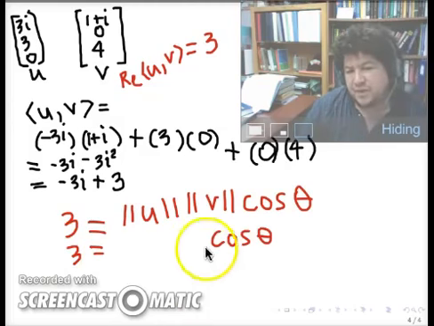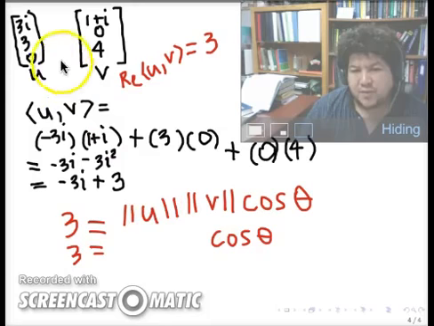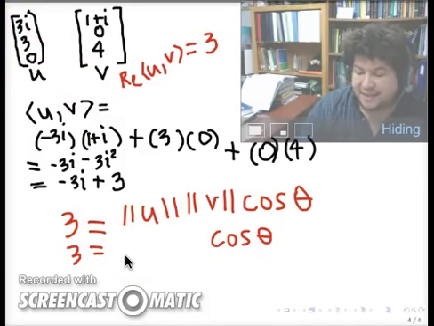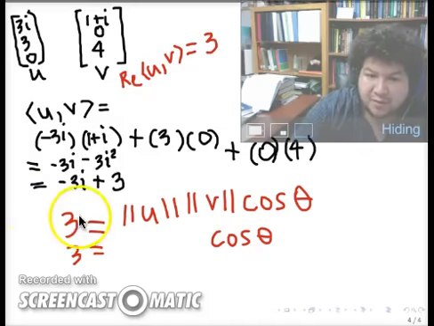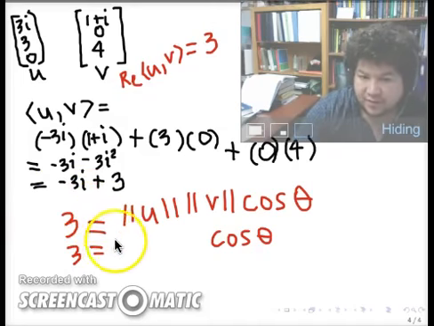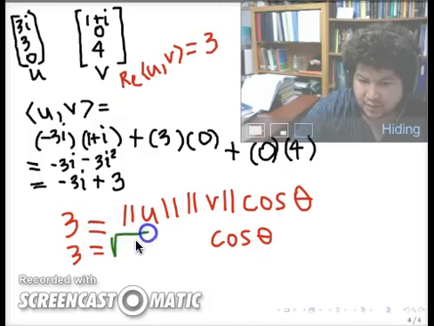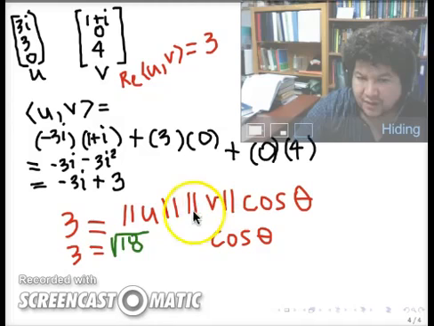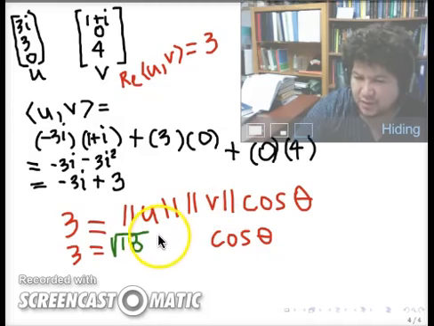The only thing left is to compute the norm of the vector u. In this case, the norm of the vector u is the square root of 18, and for the norm of vector v, you have to do this computation on the side, this is also the square root of 18.